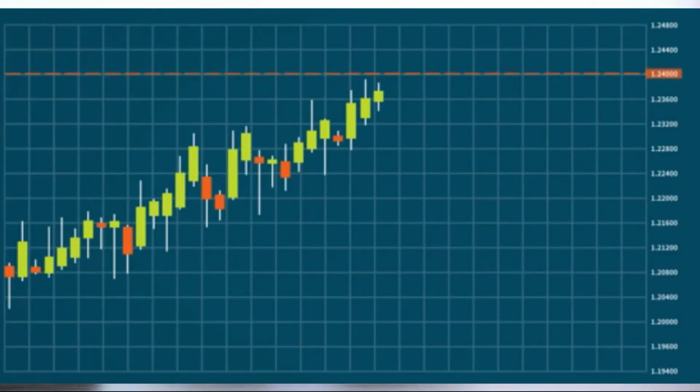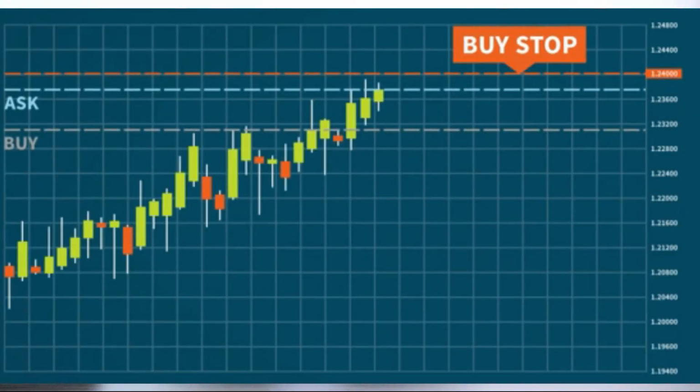Once the ceiling or resistance is violated, you expect the price will keep on going up. So you set a buy stop above resistance as a pending order, where you say, I don't have to wait for the market to do what it does, I set a buy stop above resistance and I let the market go. Technically on the charts, you can draw your resistance here and put your buy stop above resistance.